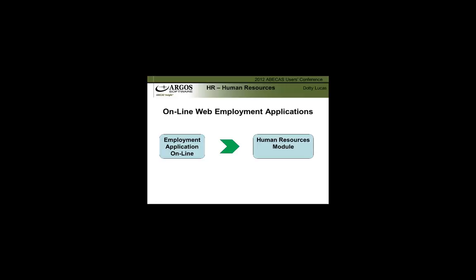I'll begin this section on online employment web applications, or application collection, by discussing the web online employment application system. From the diagram on the screen, what you'll notice is that any information entered online automatically populates in the Human Resources module.